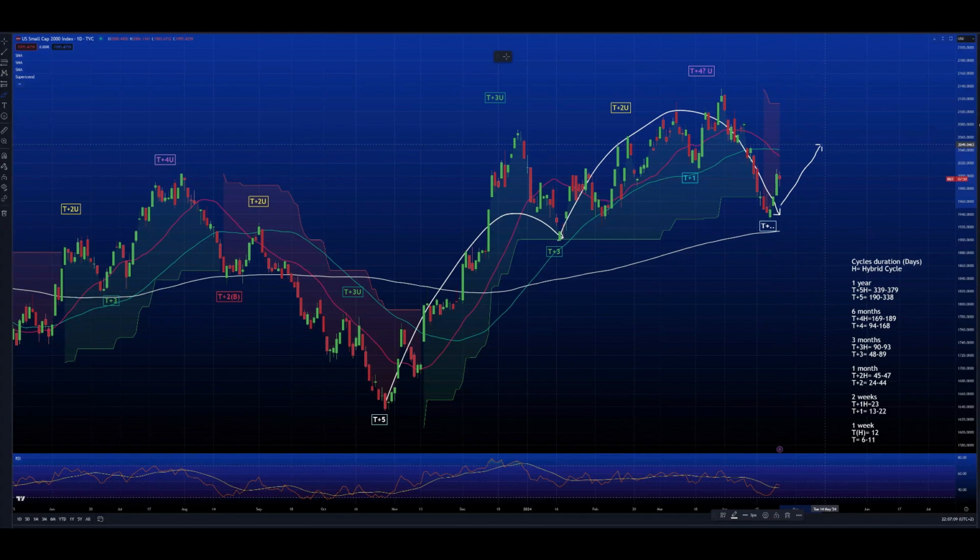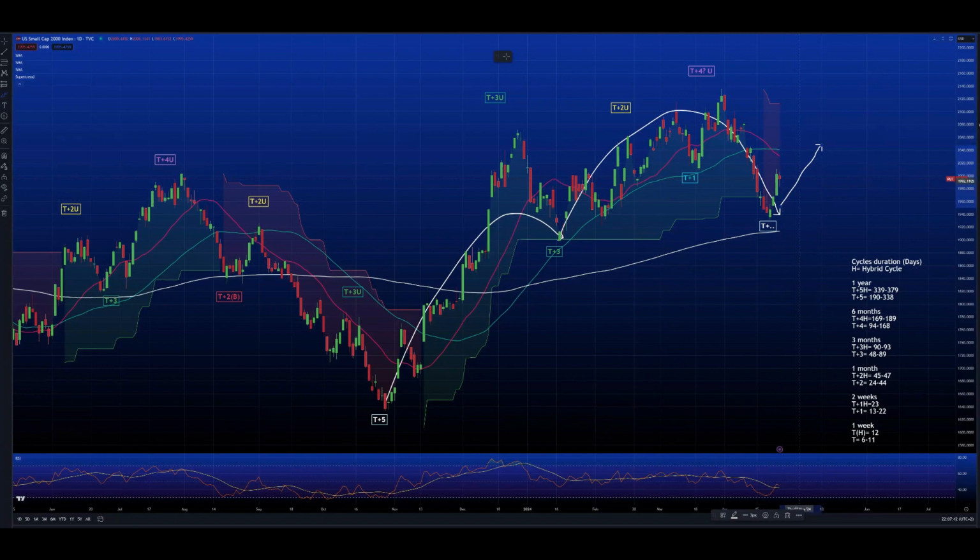And we cannot go back to this low for a minimum of 24 days, because in order to generate any grade of cycles, we need 2 degrees left of the cycles we are focusing on. So if this is a T plus 4, we need a T plus 2 as a total duration, 24 days, that cannot go lower than this low.